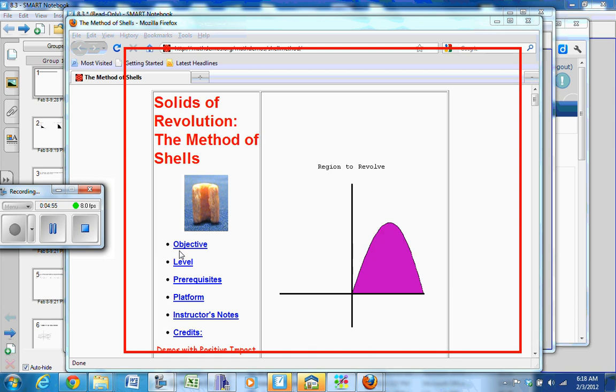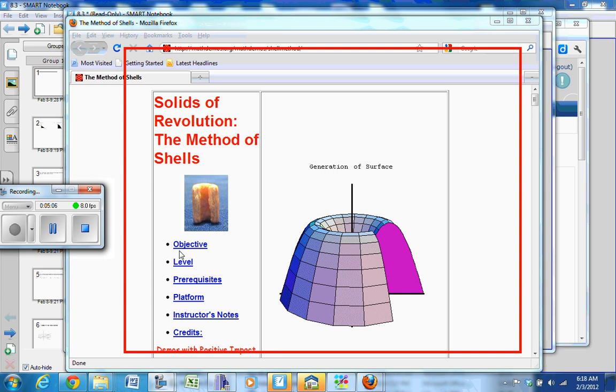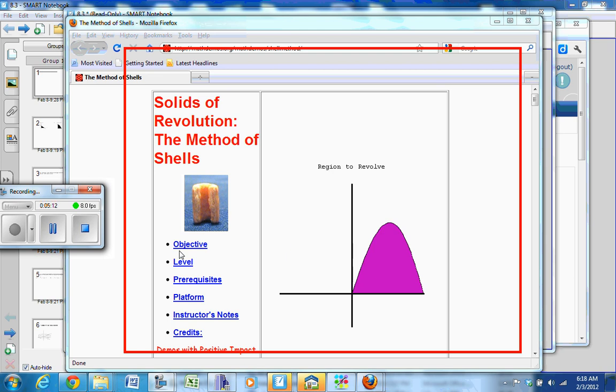So as we rotate that entire surface around the y-axis, we get something that looks like this. It's like one of those cakes with the middle out of it, a bundt cake, I think it's called. So that's what happens. We split up our section into little rectangles like we've been doing.